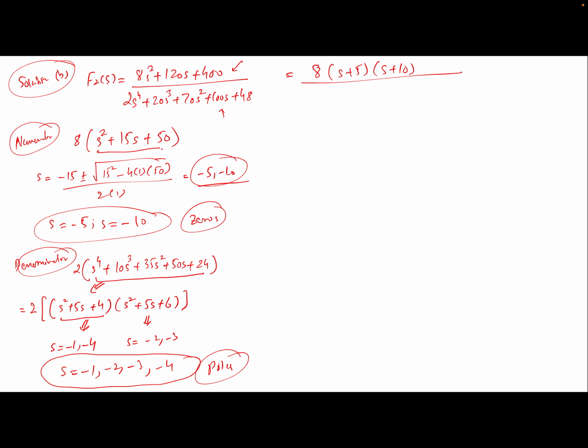In the denominator, I'm going to get 2, and then 4 of these things, which is s plus 1, s plus 2, s plus 3, s plus 4, right? So these are the 4 poles that I wrote, and these were the numerator. Of course, this 2 will be cancelled out. And here's your f of s equation in that format.